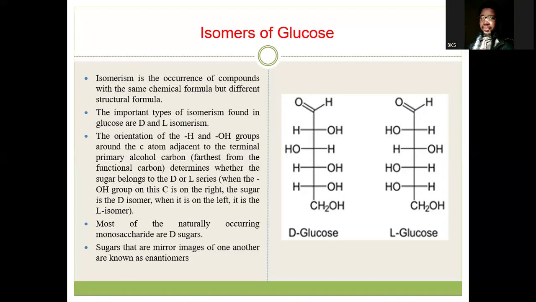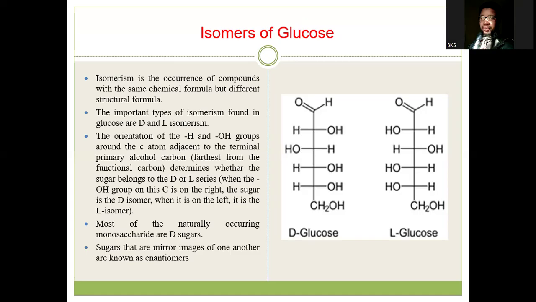In glucose, we have many of them, the OH at carbon 2, carbon 3, carbon 4, carbon 5, which can all determine the D and L. But the orientation of this OH group around the carbon atom adjacent to the terminal primary alcohol carbon determines whether the sugar belongs to D or L. So which one is the terminal primary alcohol carbon?